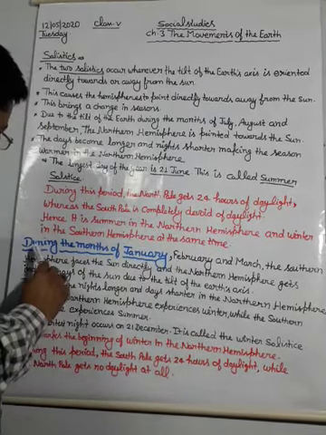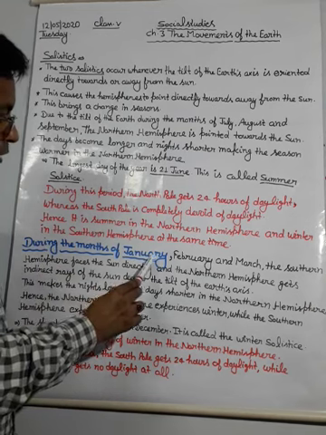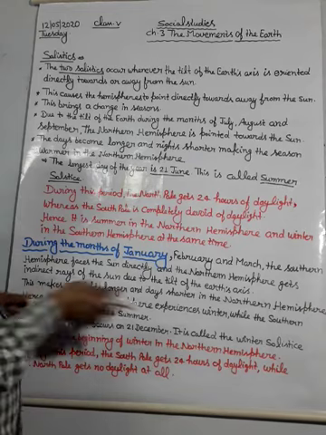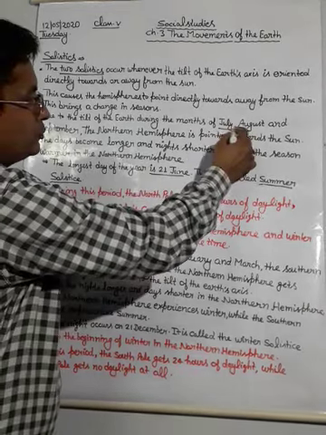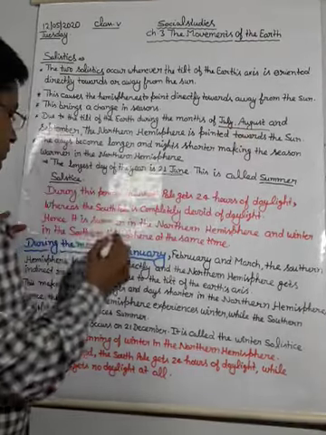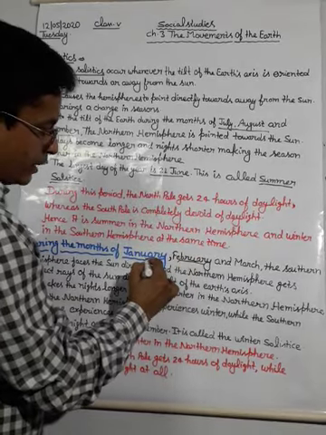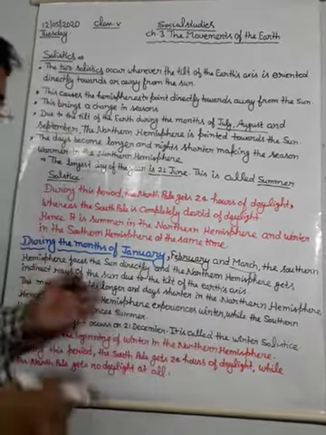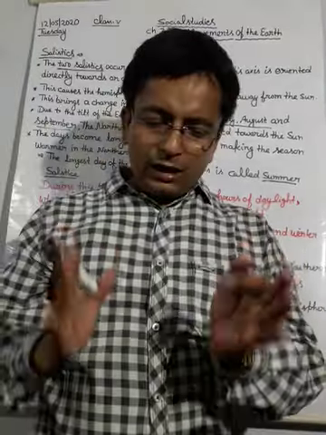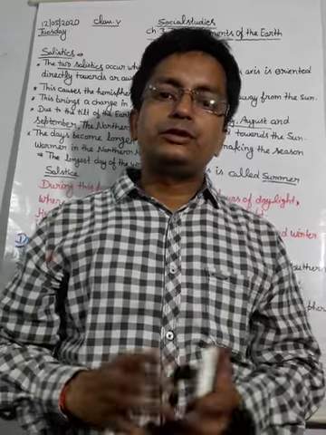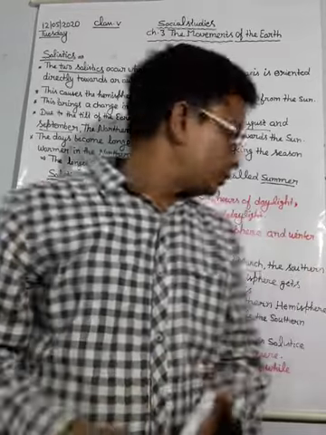And the next topic is the months of January, February and March. Dear student, you know the season of July, August and September is opposite to January, February and March, because we know in this time we enjoy winter, we enjoy cold.